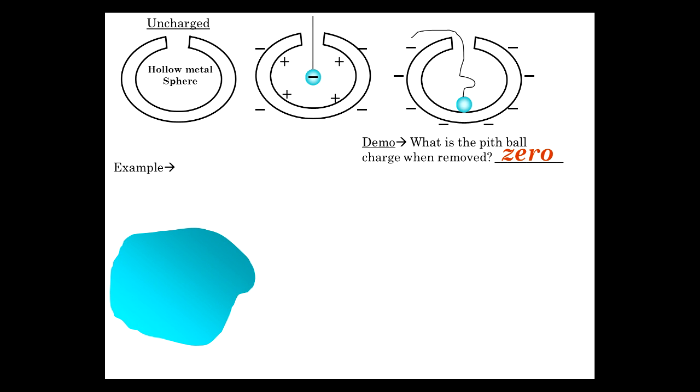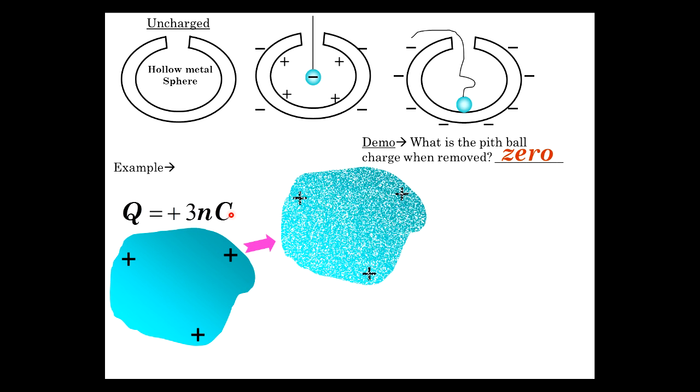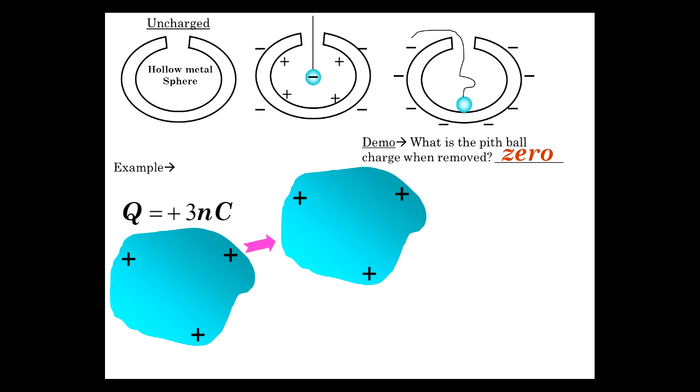A quantitative example of this exact thing then would be, well, let's say that we have charge of 3 nanocoulombs in a conductor. In this case, every nanocoulomb is represented by a plus. So we're going to go ahead and produce a cavity and put in a negative 5 nanocoulomb charge inside the cavity.